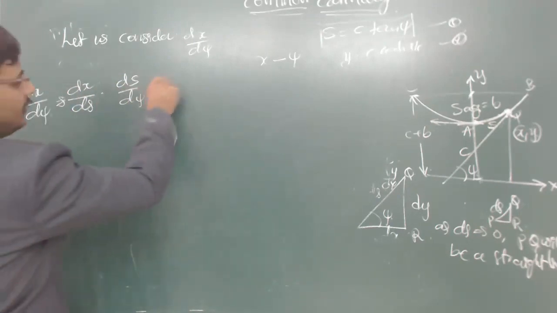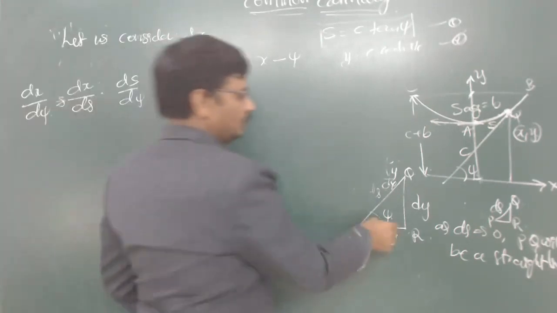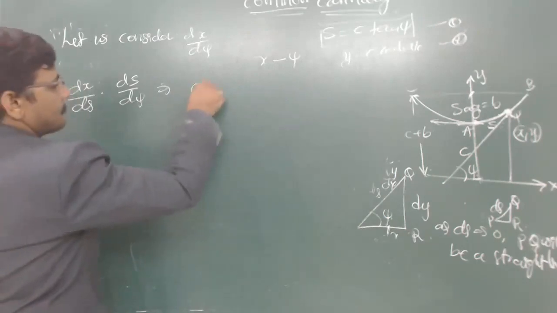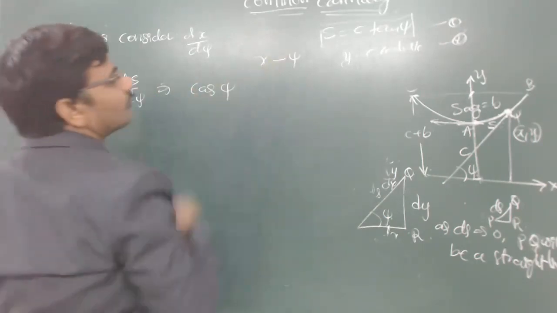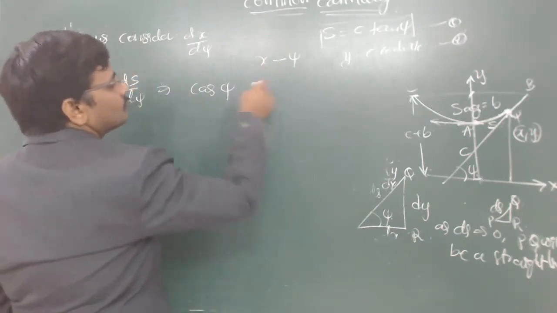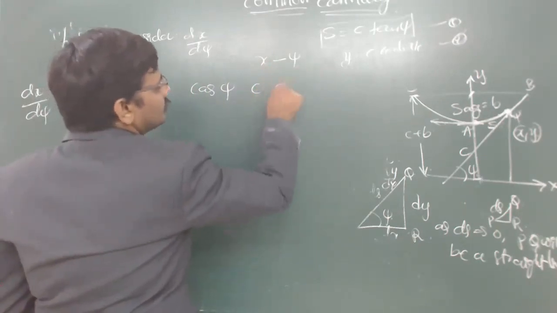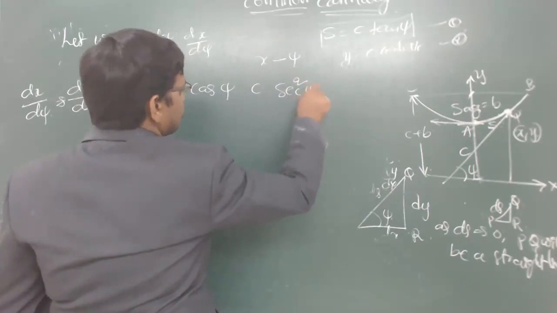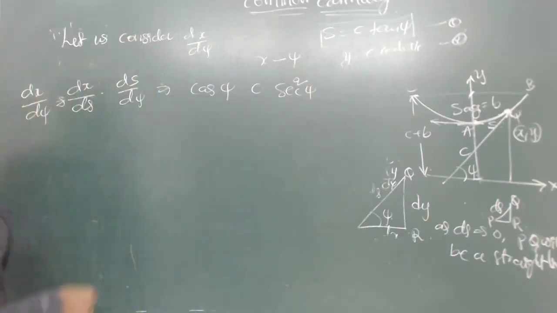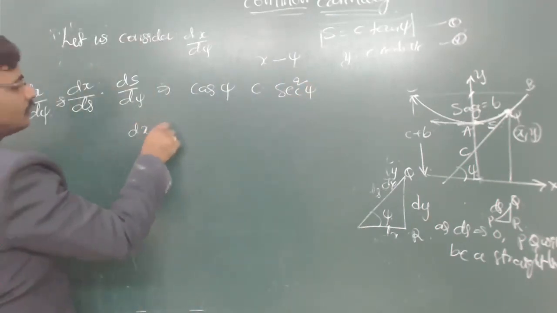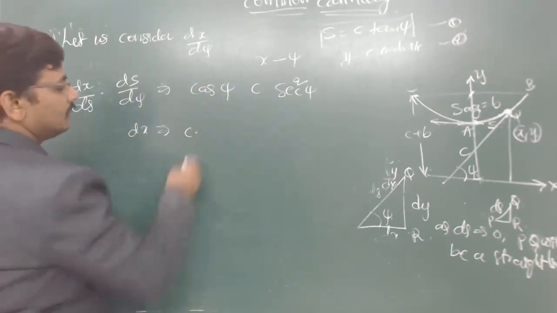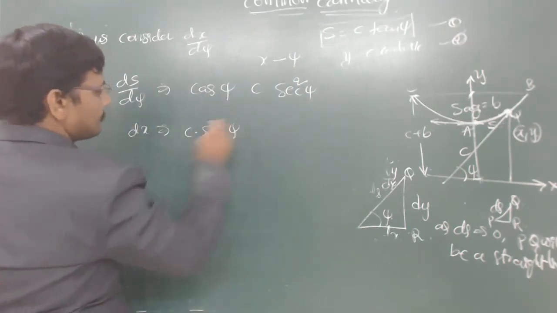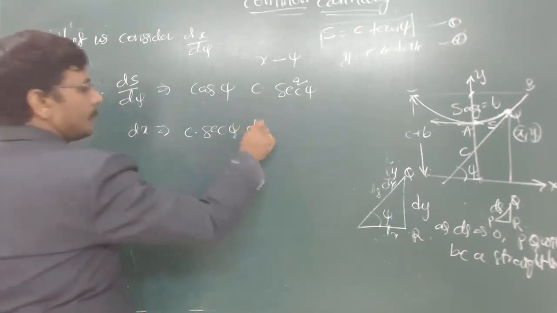So dx by ds is nothing but this value, which is cos psi, and ds by d psi, the derivative of s with respect to psi, is c into secant squared psi. So if you do the integration, dx is equal to c into cos psi into secant squared psi, which is nothing but secant psi, into d psi.